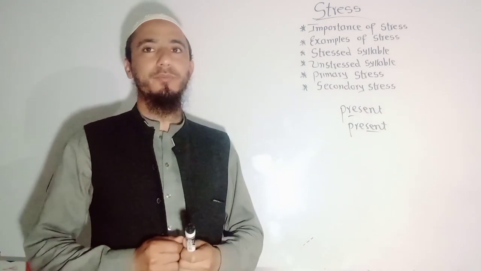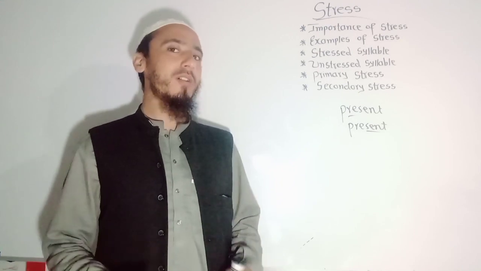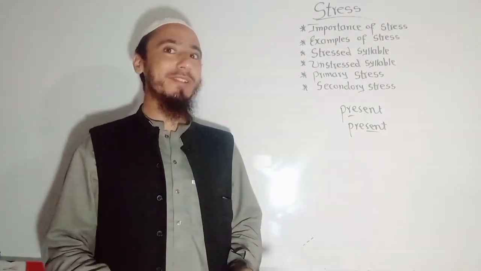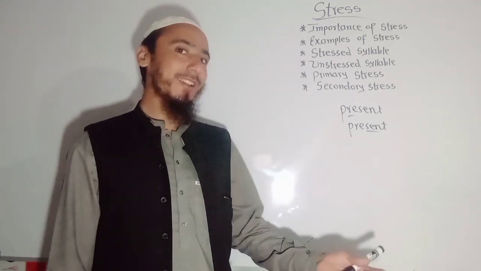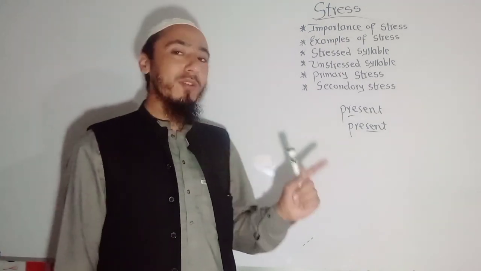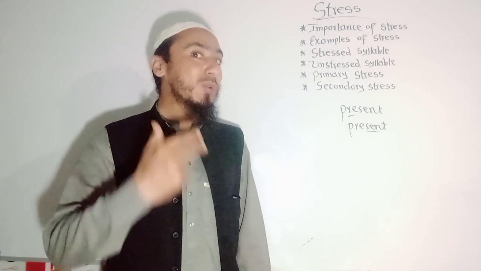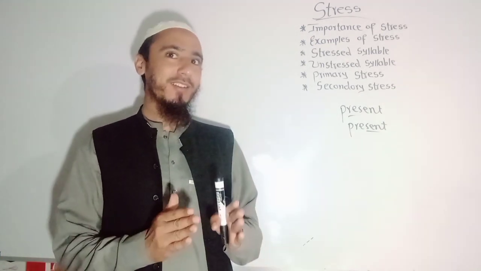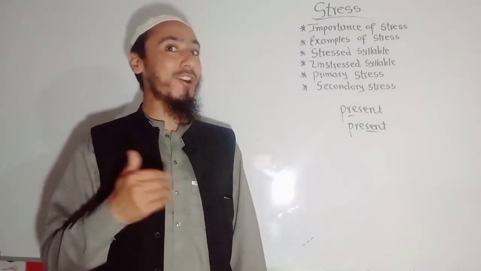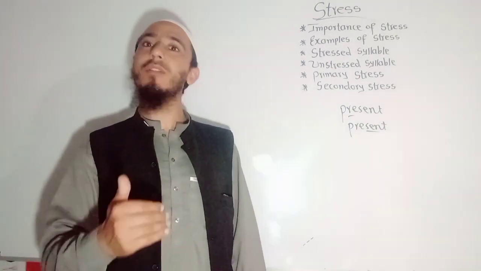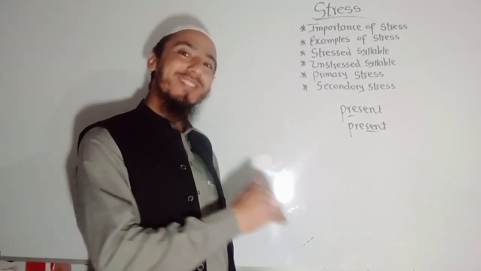Listeners and audience, there are certain words which have two syllables, three syllables, more than two syllables, so monosyllabic words, polysyllabic words, etc. When we have a word which has two syllables, then one syllable is stressed and another syllable is unstressed. The syllable which is stressed is known as a stressed syllable.